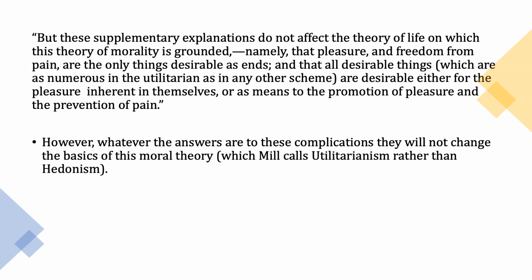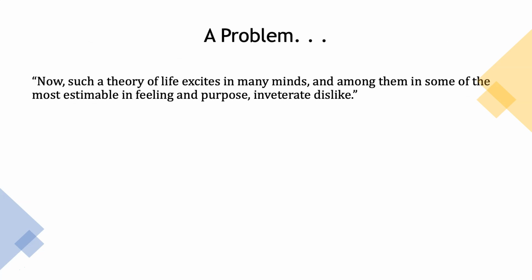And here Mill introduces a new title for this view when he references the utilitarian. So Mill's view is known as utilitarianism, and we're going to see this in week 5 or 6, and he uses this phrasing rather than hedonism. So moving forward, we'll call it both. All right, so where are we now? Now, a problem is raised with hedonism or utilitarianism.